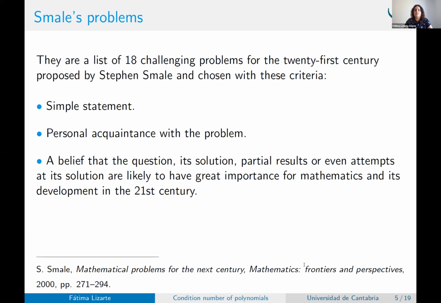He chose them with these criteria: simple statement, personal acquaintance with the problem, and a belief that the question, its solution, partial results, or even attempts at its solution are likely to have great importance for mathematics and its development in the 21st century. Currently, only 3 problems of Smale's list have been fully solved. The statement of Smale's list can be seen in this reference.